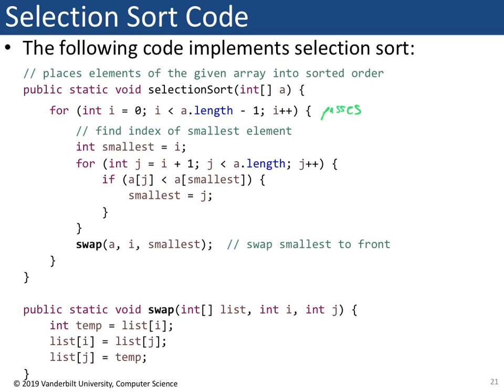So this allows us to appropriately pass over this array the number of times necessary to successfully selection sort it. So i is our selection.